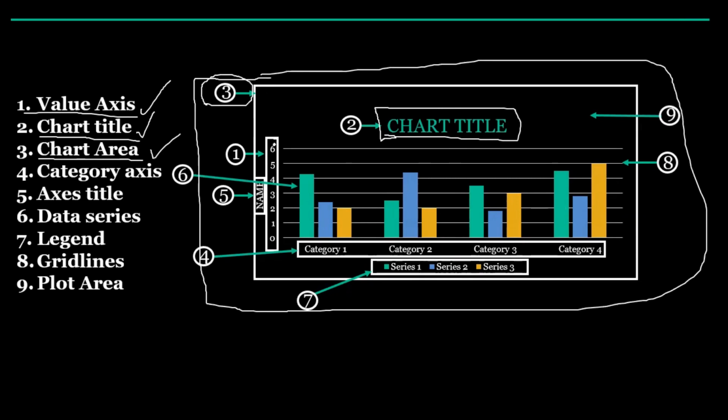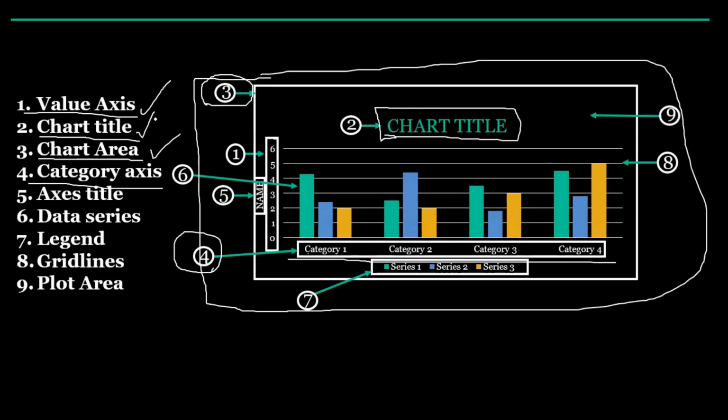Next, we have the category axis. This is number 4: category 1, category 2, category 3 and 4. These are known as the category axis, because it is in the x direction. It is also known as the x-axis, and it is horizontal in position. The value axis was vertical in position and the category axis is in the horizontal position.